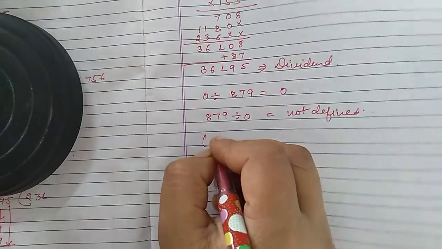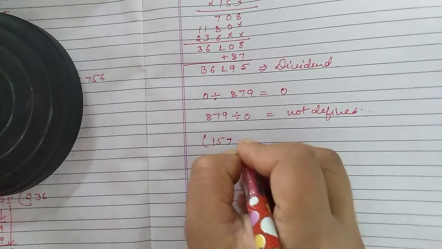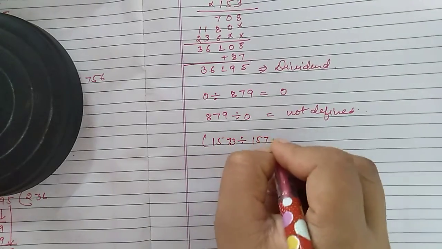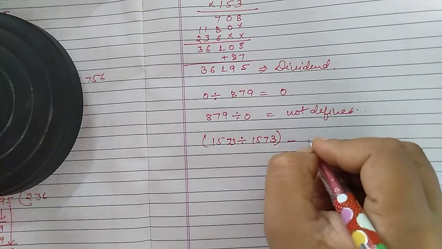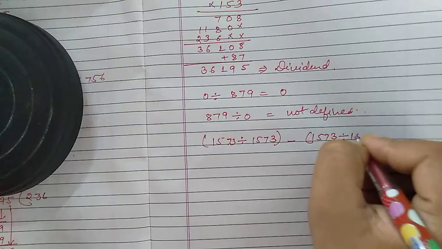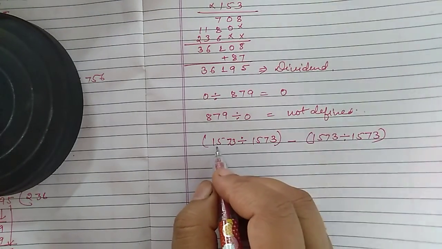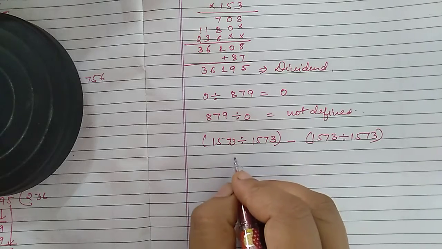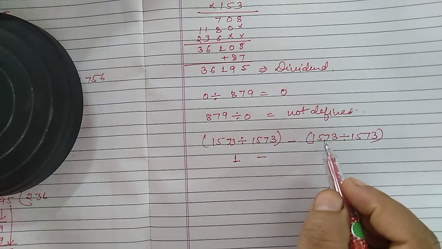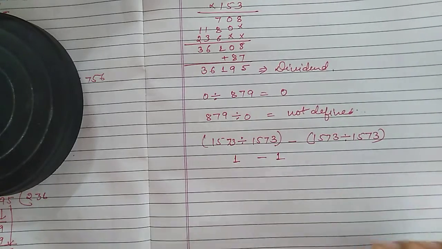We can solve this simple division: if we are dividing the same number by the same number, then we will always get 1. And here also we are dividing the same number by the same number, means the divisor and dividend are the same. So we will get 1.